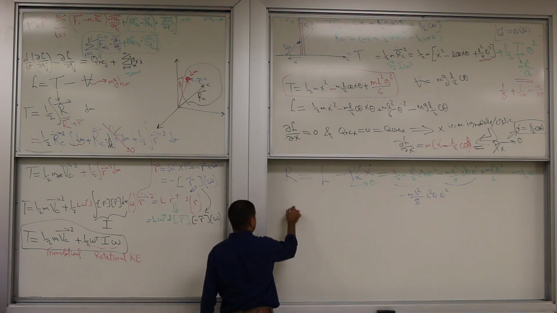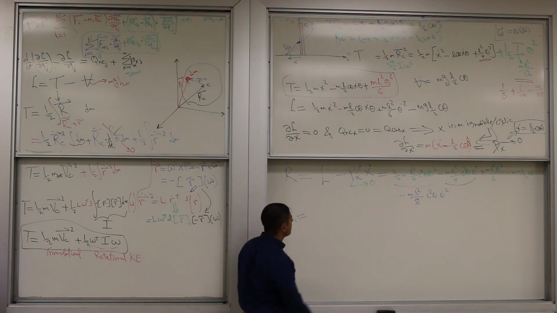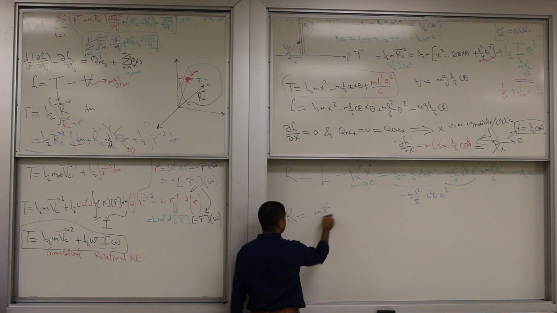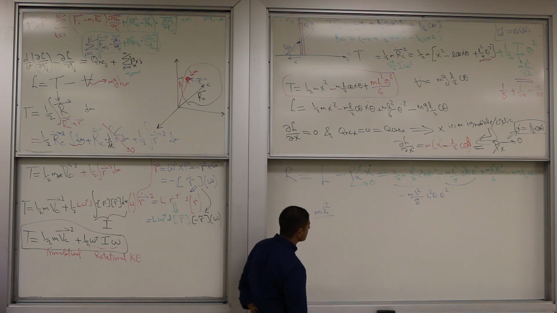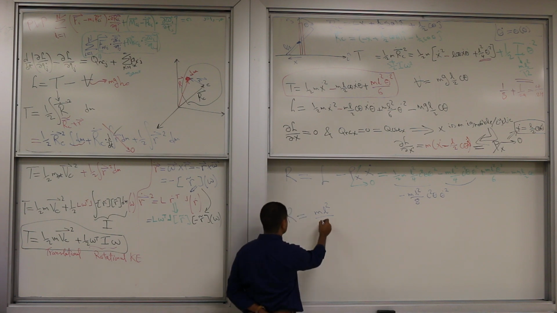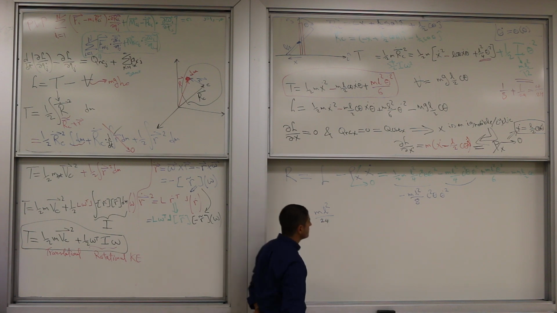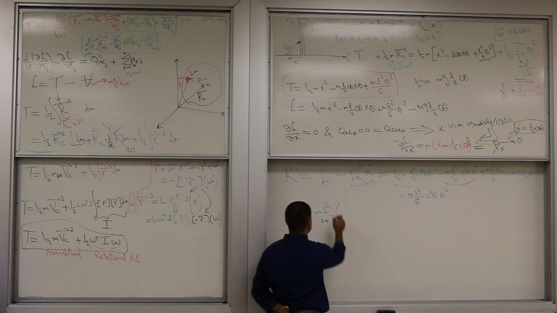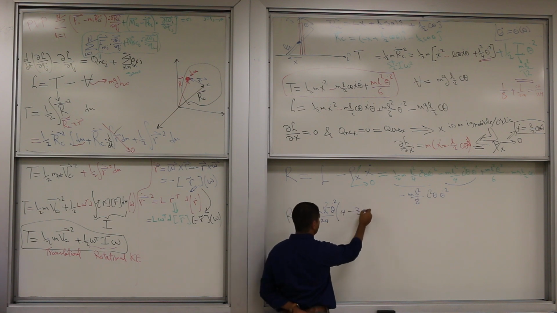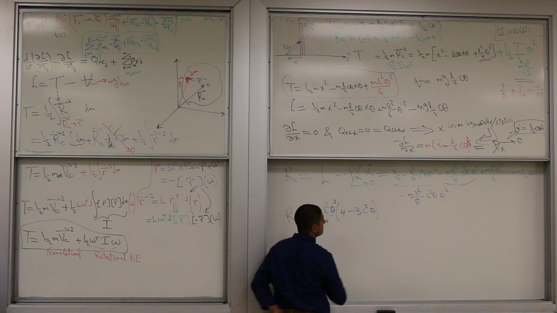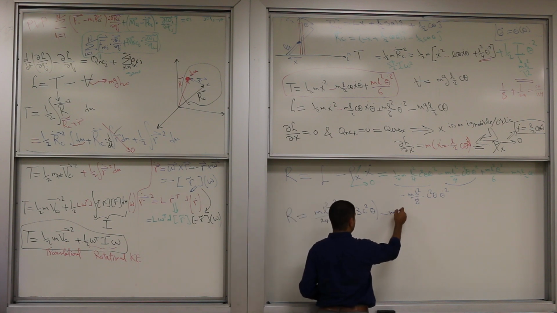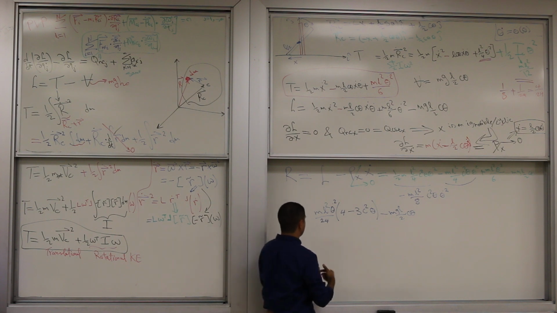So your Routhian is m L squared over 24 theta dot squared times 4 minus 3 cosine squared theta, minus m g L over 2 cosine theta.